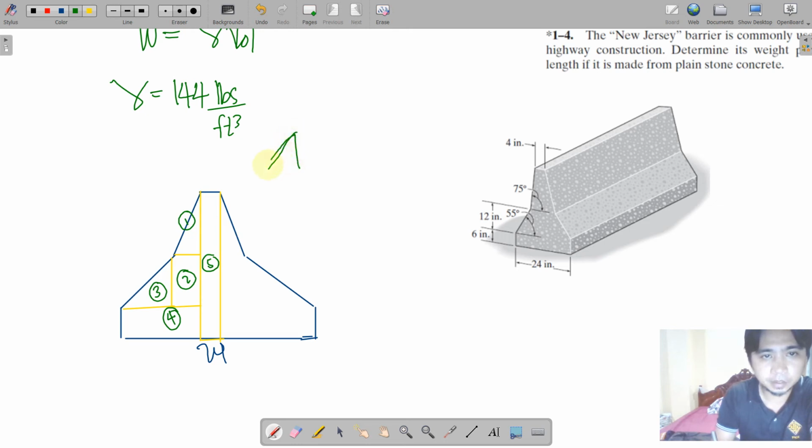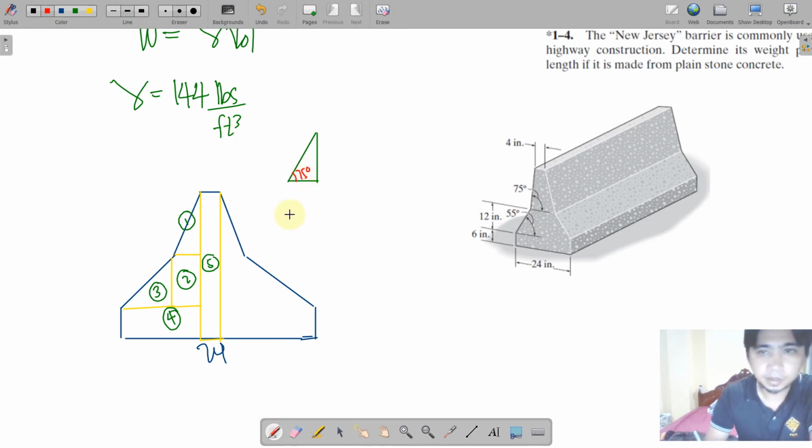So here's the triangle. We determine the dimension. Of course, we know the angle. The angle is 75.